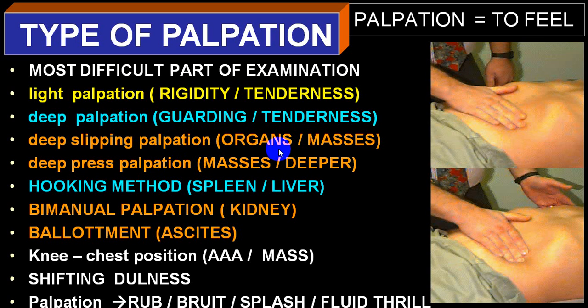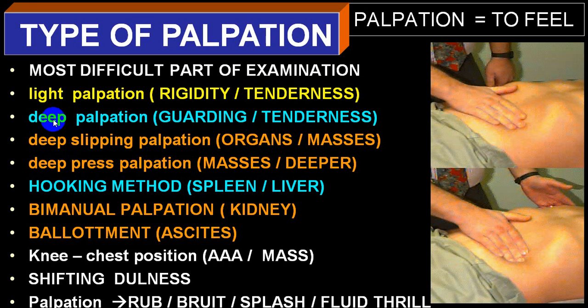Now, two other methods, deep slipping palpation and deep press palpation, are usually used to palpate the deeper organs or a solid structure which you are not able to identify by superficial palpation. So while palpating a deeper structure, we call it a mass or a lump or a deeper organ, we usually go for deep press palpation or deep slipping palpation.